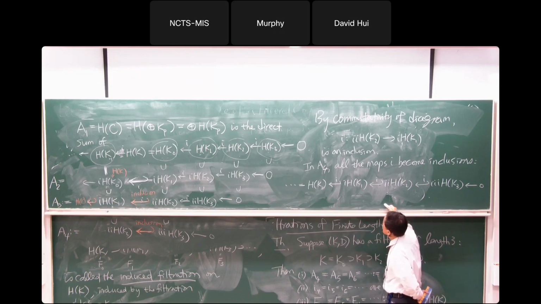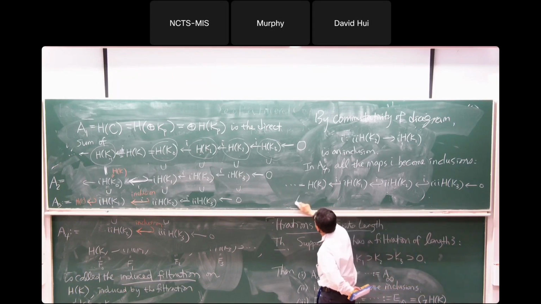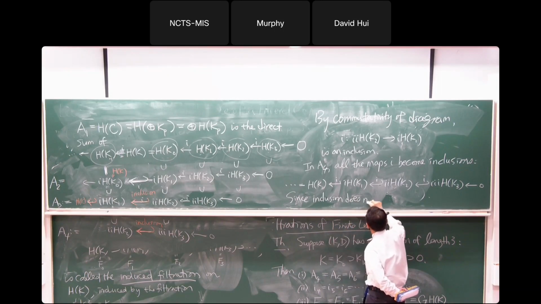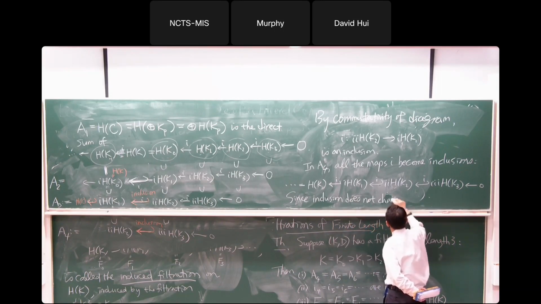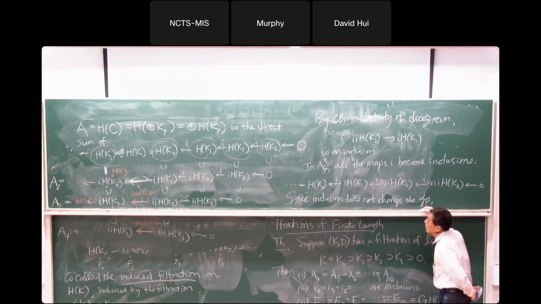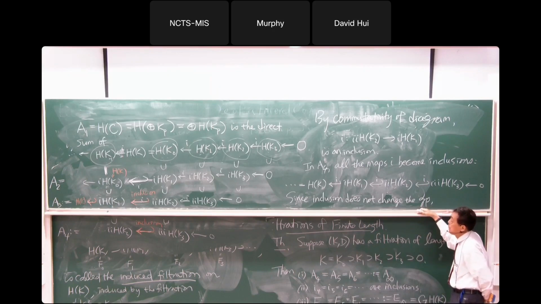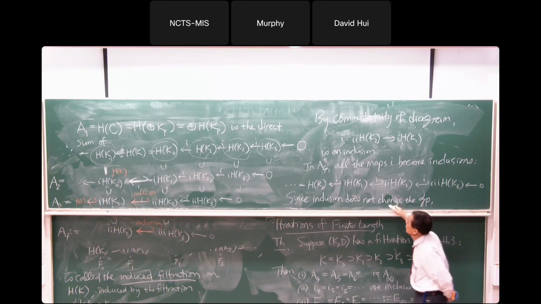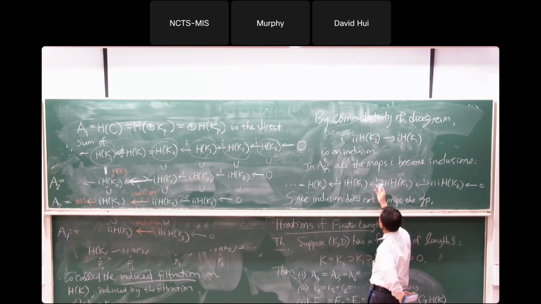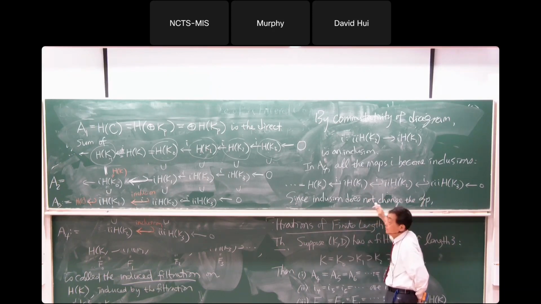Okay, and so A5, since inclusion does not change the group, this shows that A5 is going to be the same as A4, okay? Because if you apply I to everything, now it's inclusion, so nothing changes.